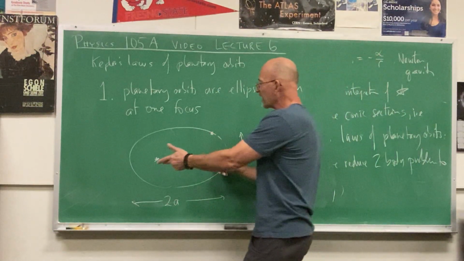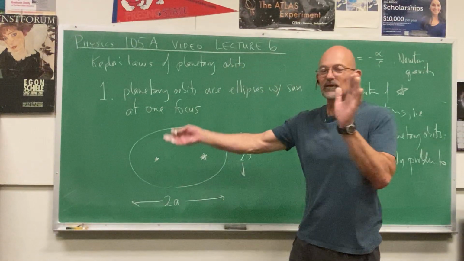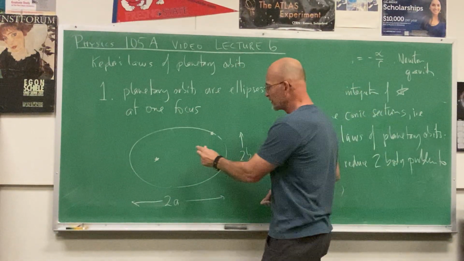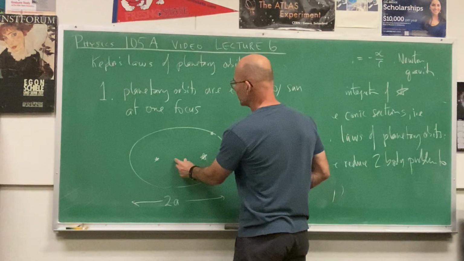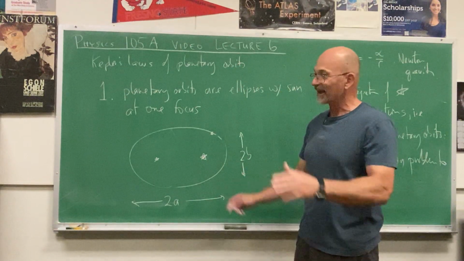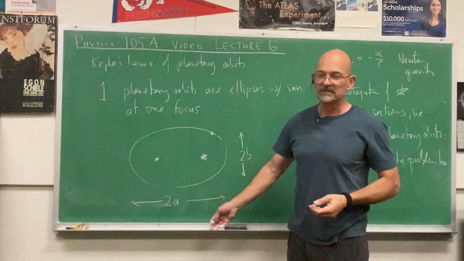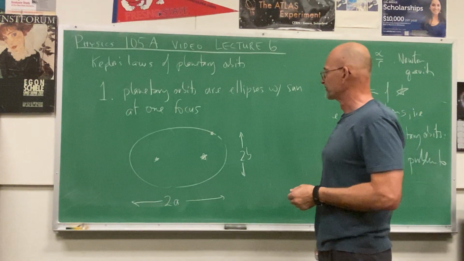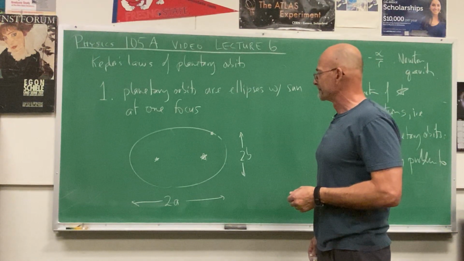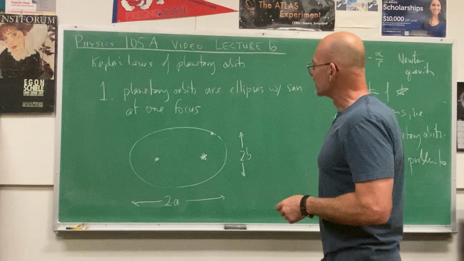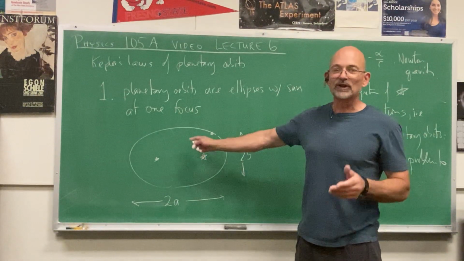And if you bring these foci close together, of course, the ellipse just turns into a circle. And in fact, if they're not even that close together and you do the construction with the string, it's going to look pretty much like a circle. Very close to a circle. But far enough from a circle that Kepler couldn't fudge it.